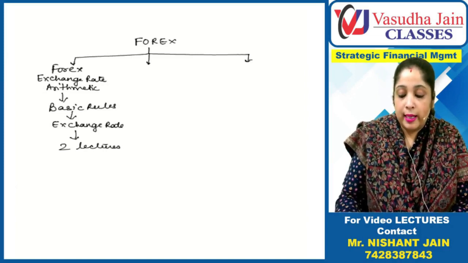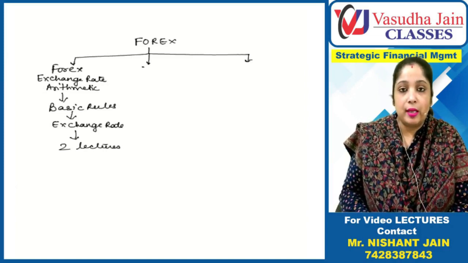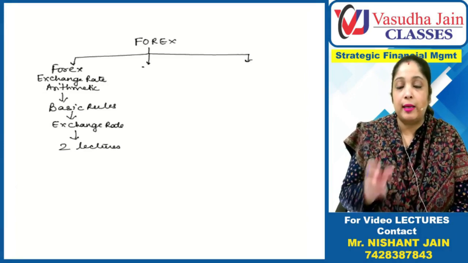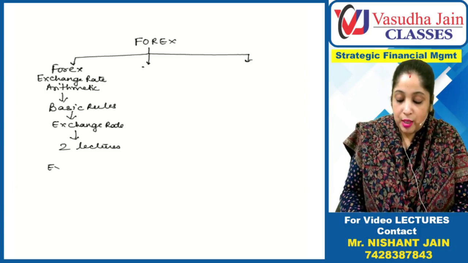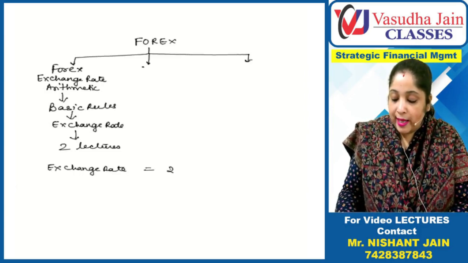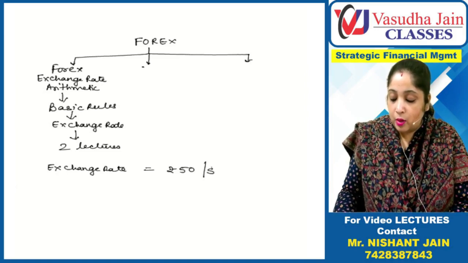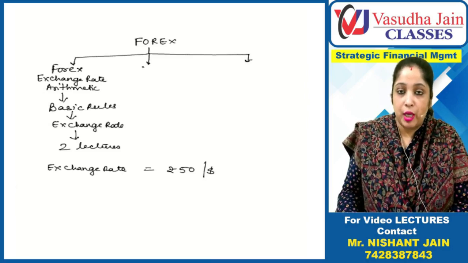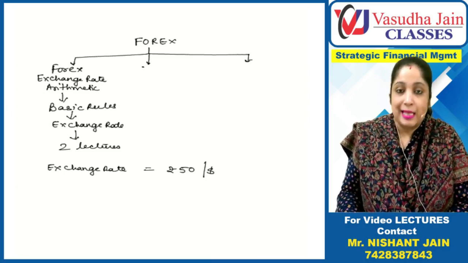Then you understand what is exchange rate? The rate at which currency is purchased and sold in the market, that is called exchange rate. For example, let us say rupees 50 per dollar. That is, if $1 is to be purchased or sold, the price is 50 rupees.